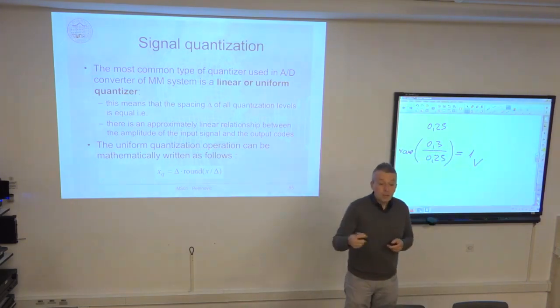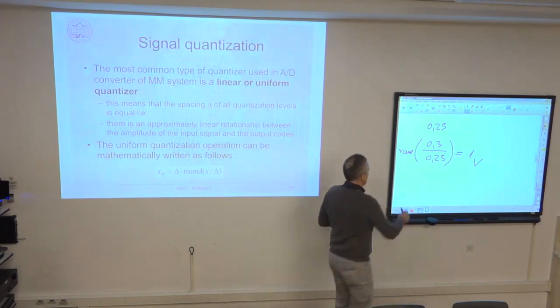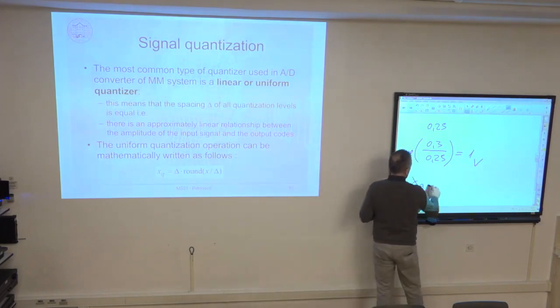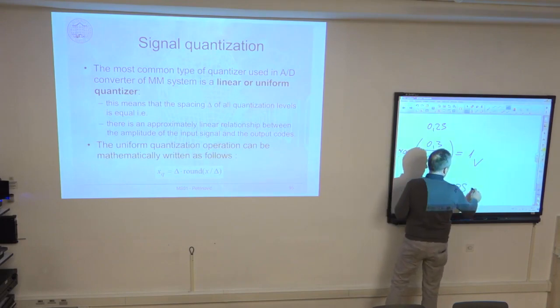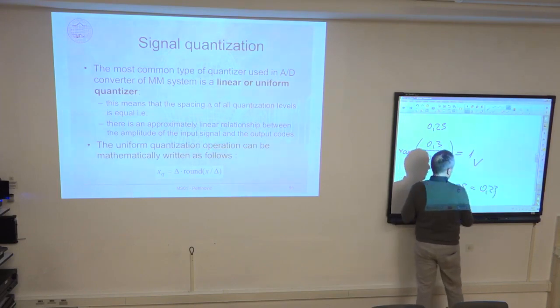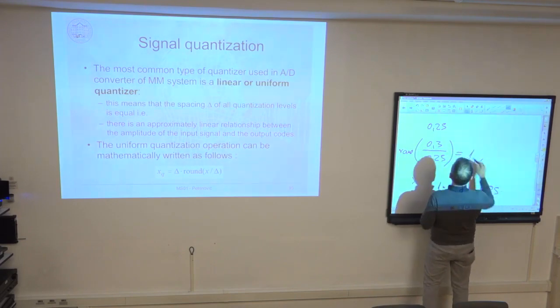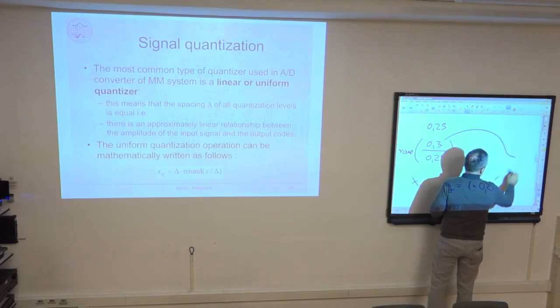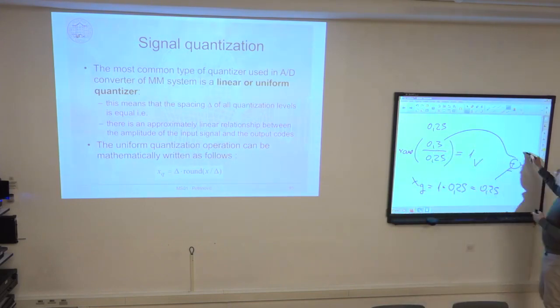Then if I multiply this 1 by the step size of 0.25, I get x quantized, that is 1 times 0.25, which is, of course, 0.25. And I have the difference between the reconstructed value and the original value at the input. I have this error, and the error is 0.05 in this example.